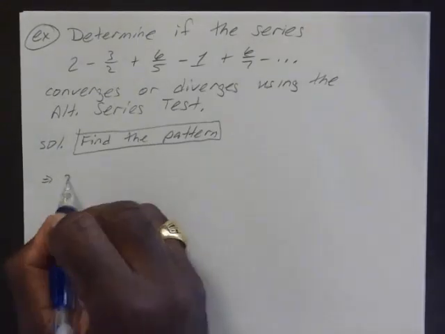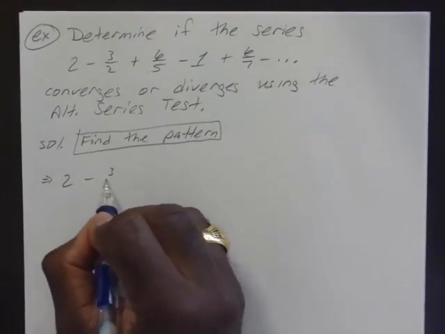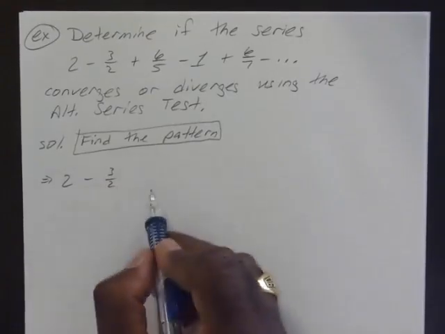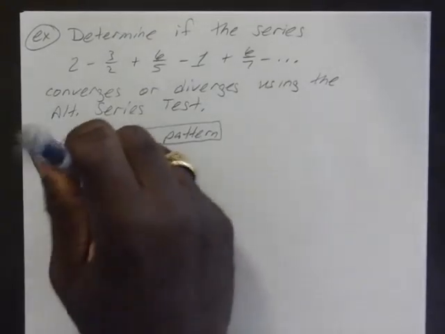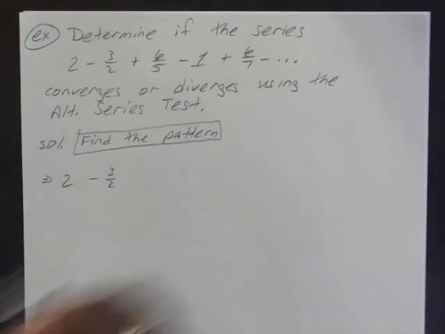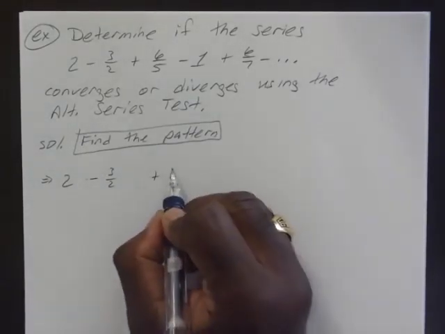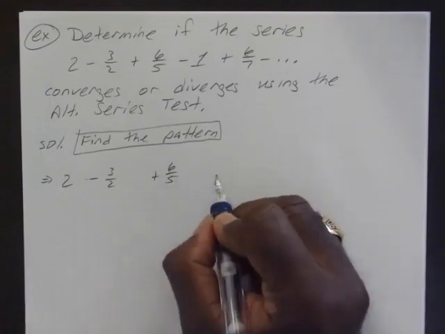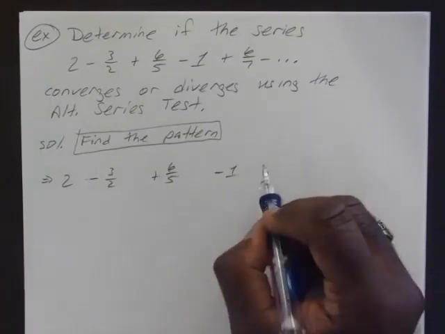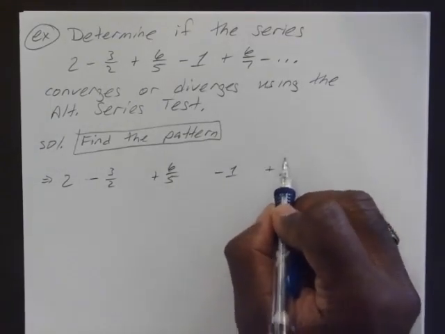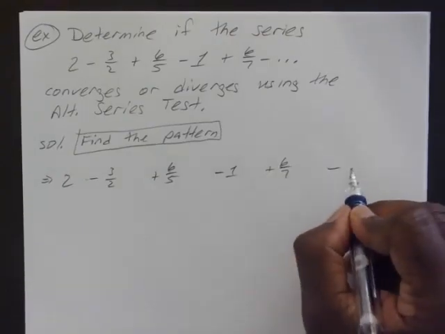So let's say I'll just rewrite it: 2 plus 3 over 2. Leave a little bit of space between each one, just so I can make little notes. Plus 6 over 5 minus 1 plus 6 over 7 minus, and it keeps on going.